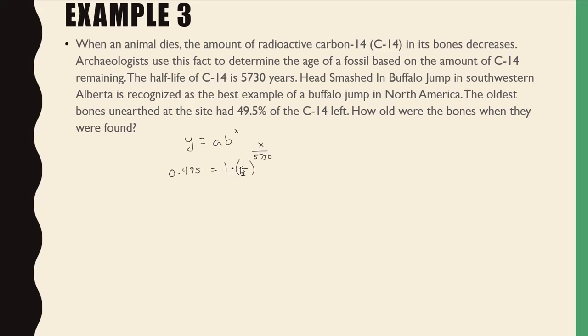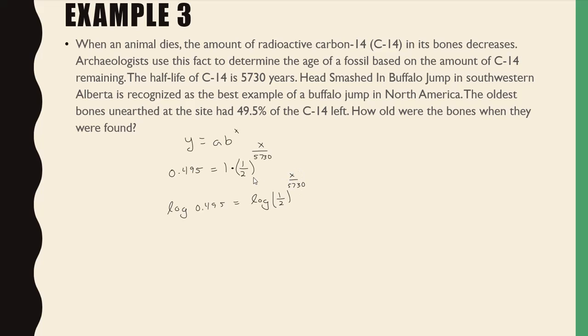Now this one part can go away right away, and I'm going to just take the log of both sides. So log 0.495 equals log 1/2 to the power of x over 5,730.